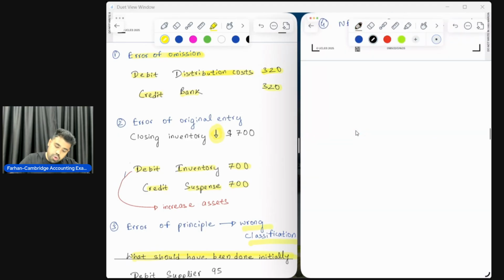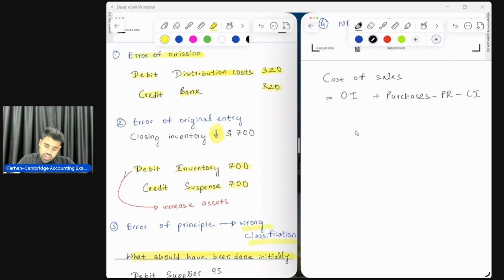Okay, so when we calculate the cost of goods sold, what is the most simple formula for calculating it? We start with the opening inventory, then we add purchases, and then we subtract any purchase returns, which I'm just writing PR in short, and lastly, we subtract the closing or ending inventory, right?